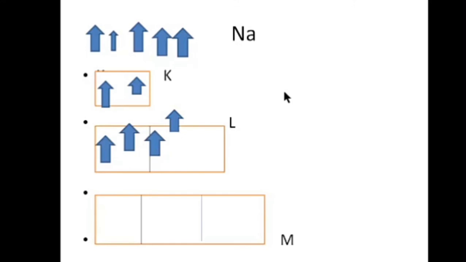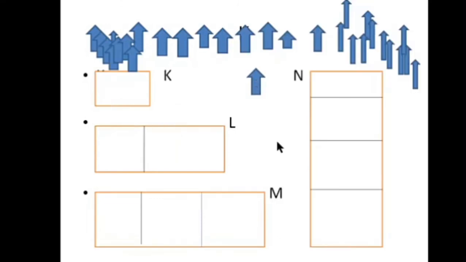Now, let us see another example. This is potassium. Potassium, you know how many electrons will be there in potassium? Yes, 19 electrons, is it not? Let us see how these 19 electrons occupy themselves in 4 different houses, that is 4 different orbits and their suborbitals.